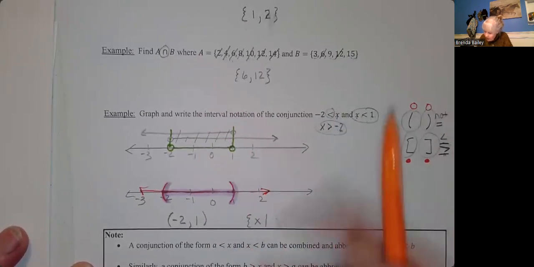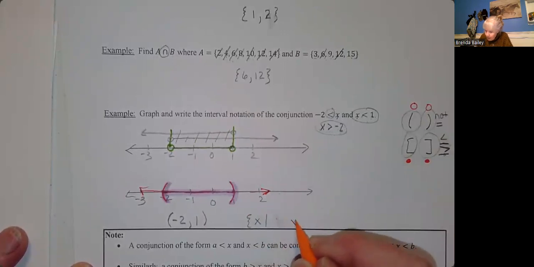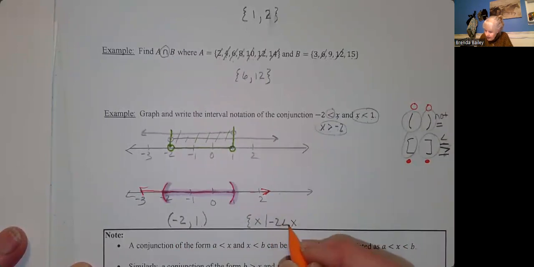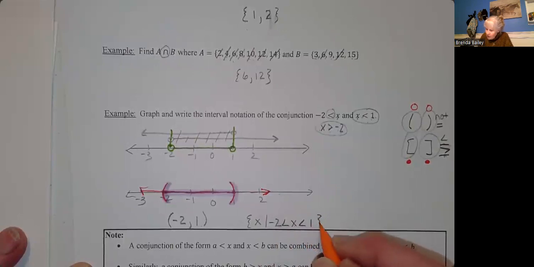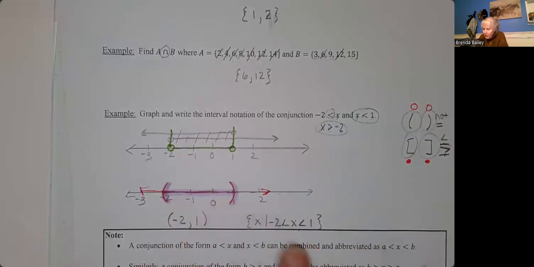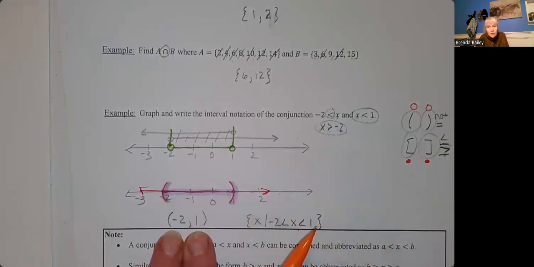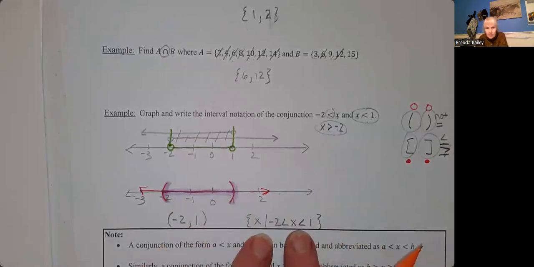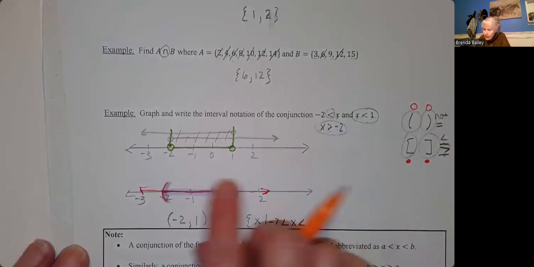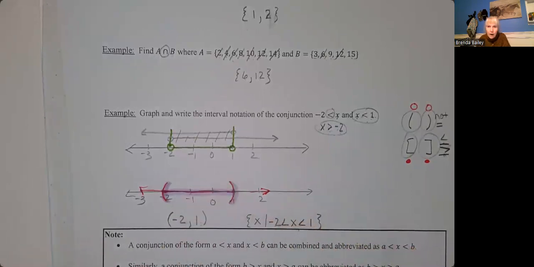These conjunctions between two numbers, -2 is less than x is less than 1. So x is between -2 and 1. This is the graph of the solution, interval notation for the solution, and the set notation for the solution. All are right. Pearson will want a specific one.